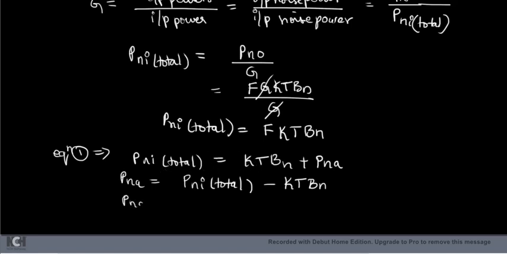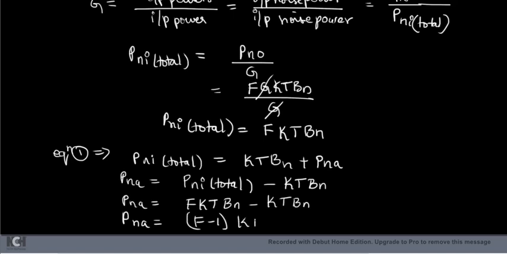Now you substitute PNI total: FKTBN minus KTBN. I can take common, so you get F minus 1 into KTBN. So the expression I got for PNA is PNA equal to F minus 1 into KTBN.